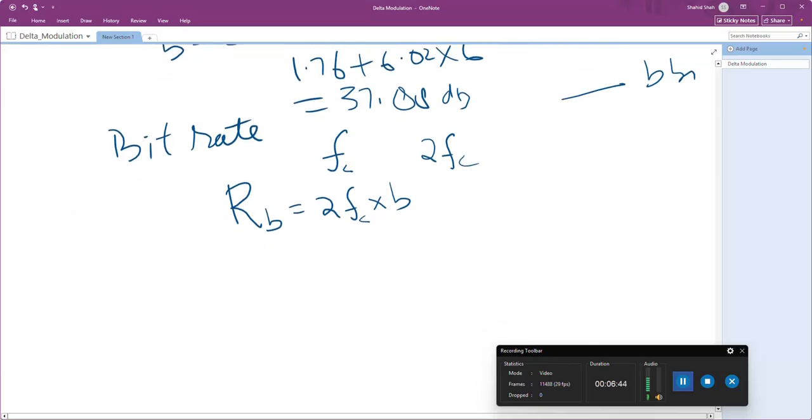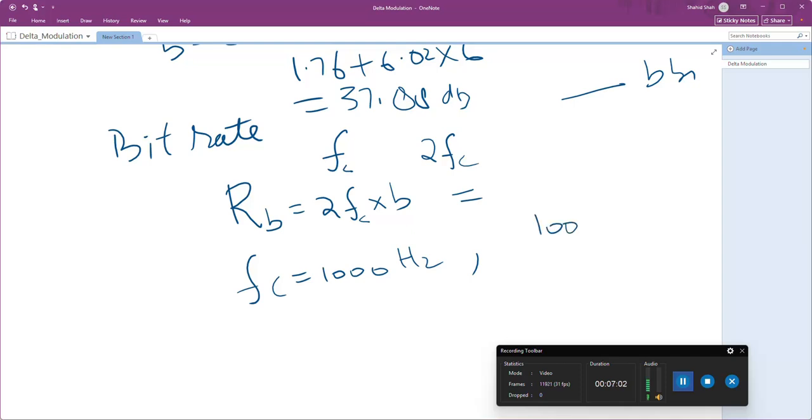And so accordingly you can solve. Suppose you are demanded that the bit rate should be, for example, with fc equal to 1000 hertz, 100 kilobits per second, then how many bits should there be?